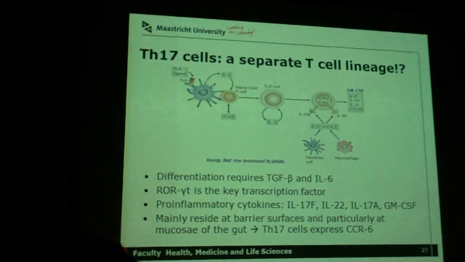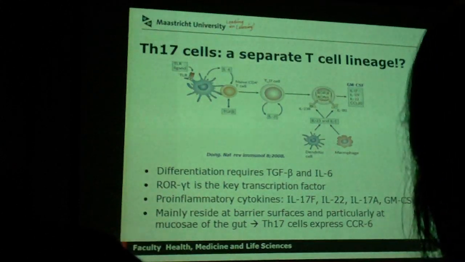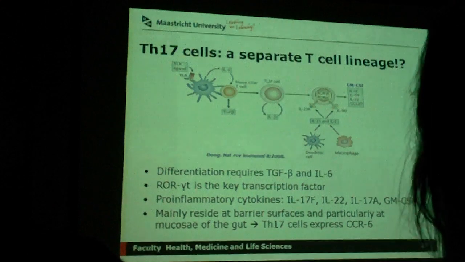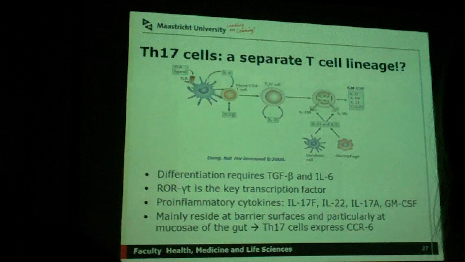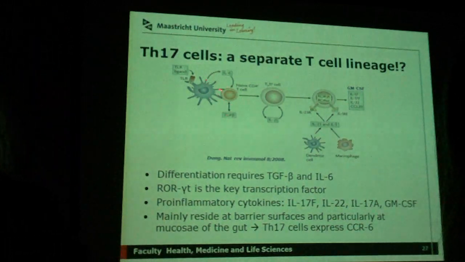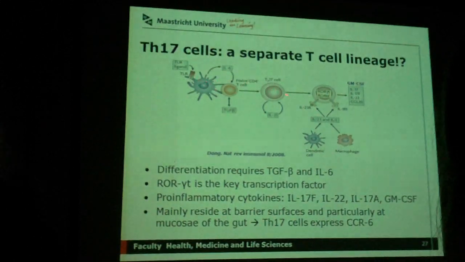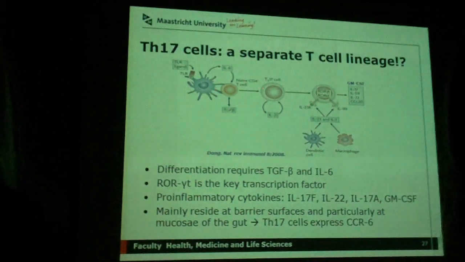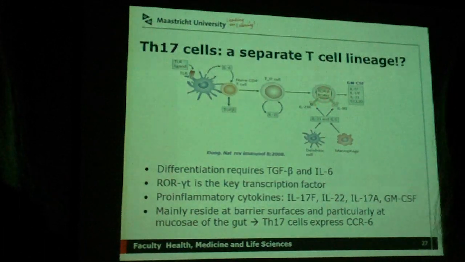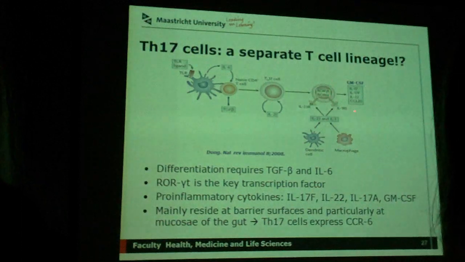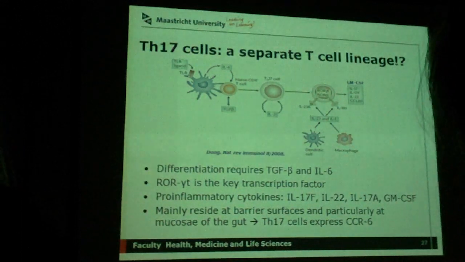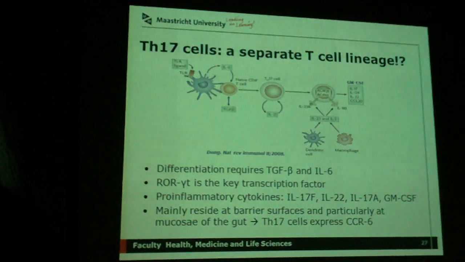So the cells arise also from naive T cells. They get activated on the antigen-presenting cell. They recognize the antigen, and if there is IL-6 and TGF-beta in the environment, this naive cell will develop into a Th17 cell. It will express RORgamma-t, that's the transcription factor of a Th17 cell, and it will start producing the cytokines IL-17A, F, IL-22, CCL20, GM-CSF.